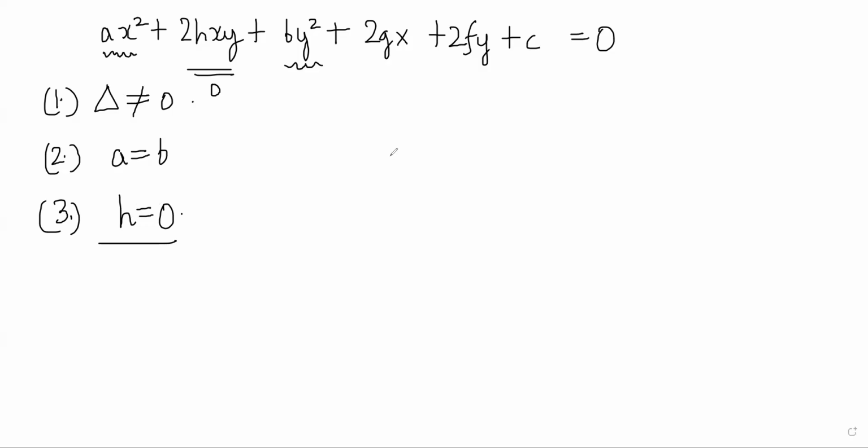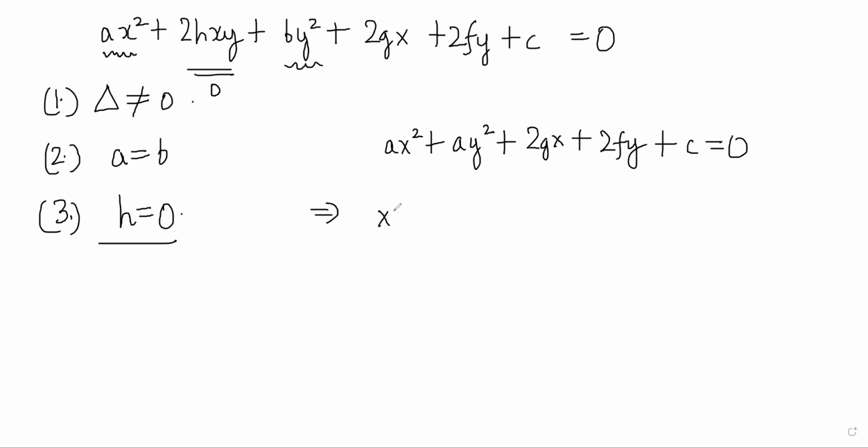So in that case, the equation starts looking like this: ax square plus ay square plus 2gx plus 2fy plus c equals 0. And because a is non-zero, if a was 0, then obviously the equation will not even be a curve. It will be a straight line. So a is non-zero, so we can divide by a everywhere.